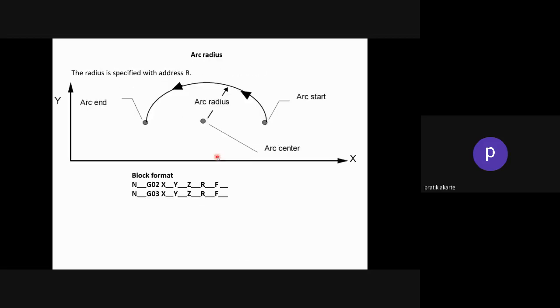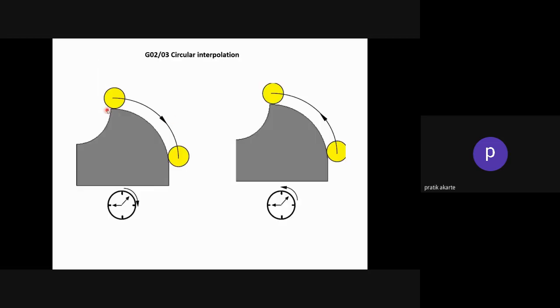This is the start point of the arc and this is the end point of the arc. After this point, the cutter travels in a linear motion. So we need to define how much is this circular portion, so that for that much portion only, the cutter or the tool will follow the circular interpolation.